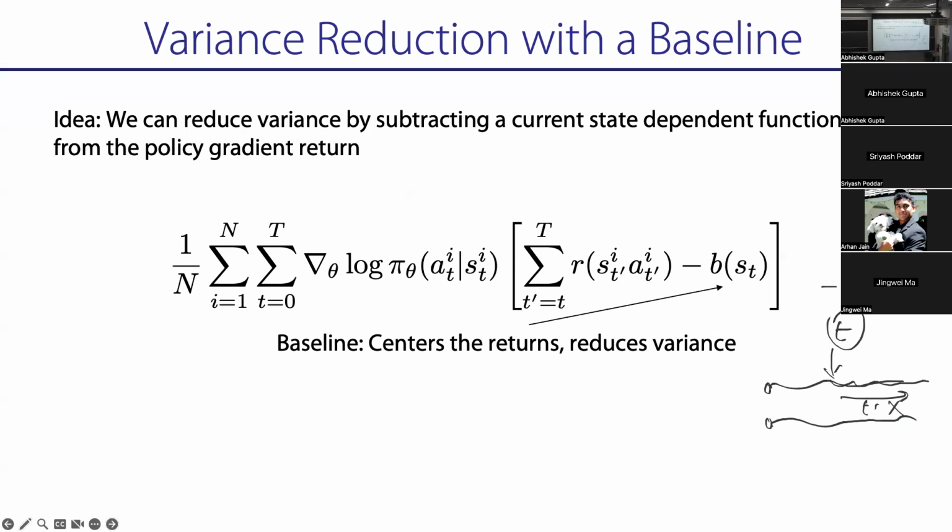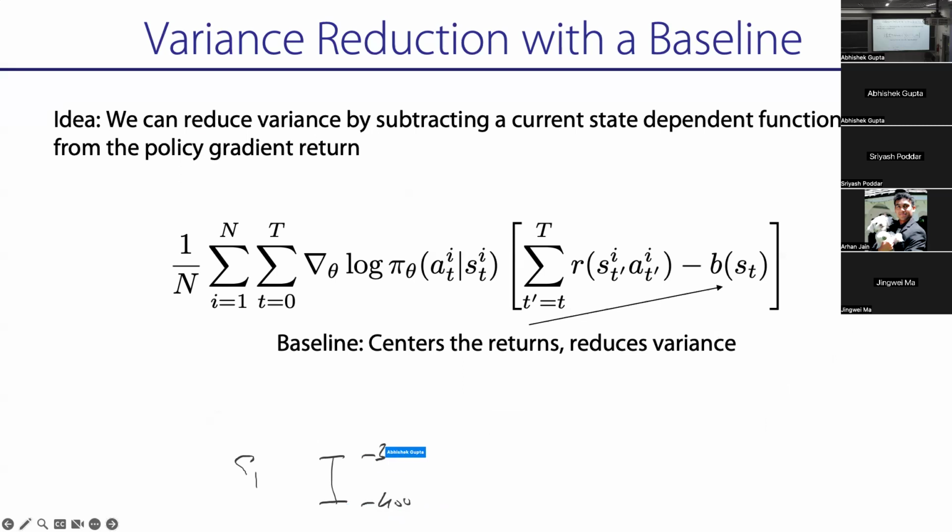Imagine there was S1 and S1 had some reward distribution, and S2 had some reward distribution. Maybe this is not the best visualization. Let's say S1 had rewards from -400 to -300, and S2 had rewards from 0 to 100.